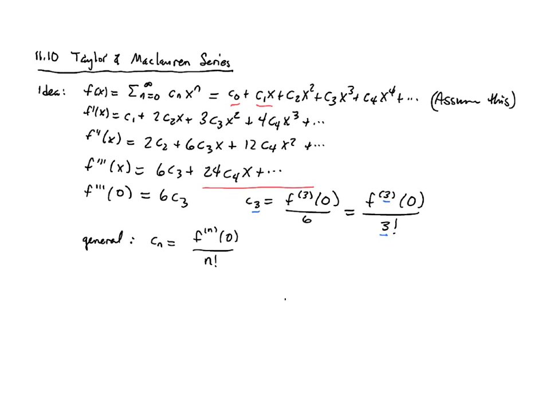And so the series that we started with can be rewritten as the sum n equals 0 to infinity of this coefficient times x to the n. And this series is called the Maclaurin series for the function.